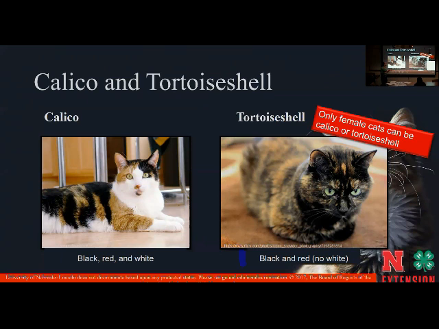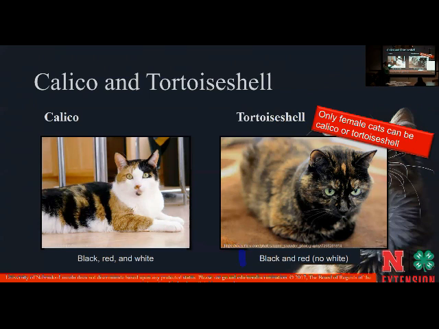The reason that calicos and tortoiseshells are basically only female is because the genetics for color, to be able to have the two colors, is on the X chromosome, one of their sex chromosomes. Female cats have two X chromosomes. Males only have one, so they can only get one color choice, whereas females can have both.